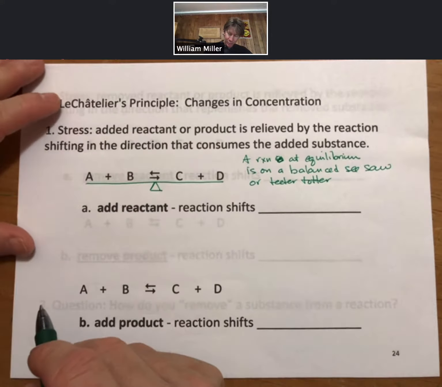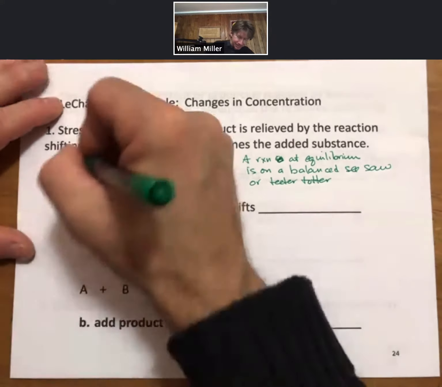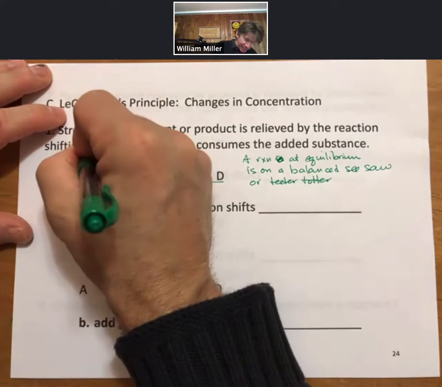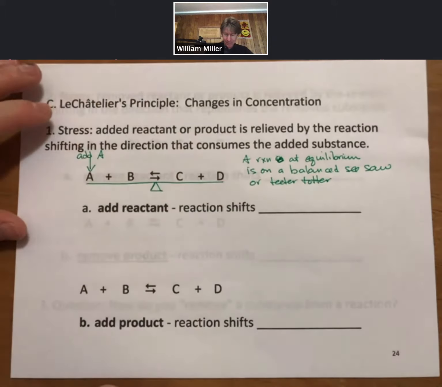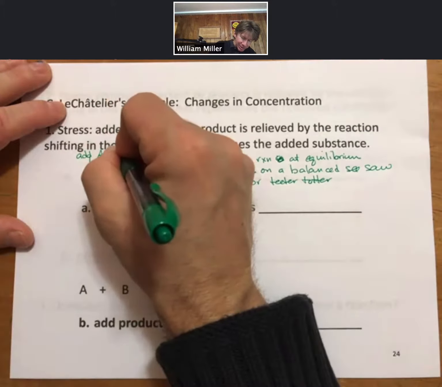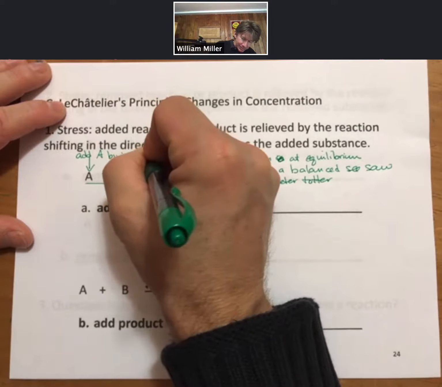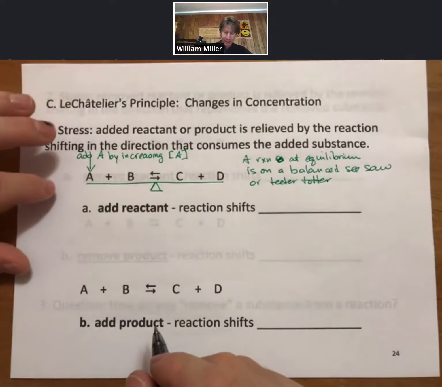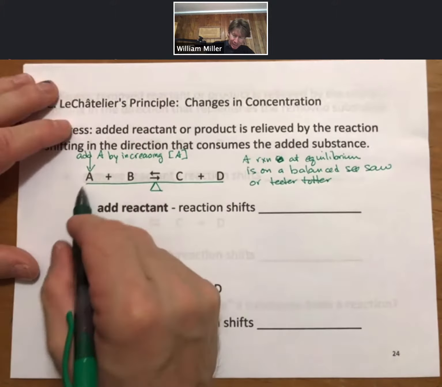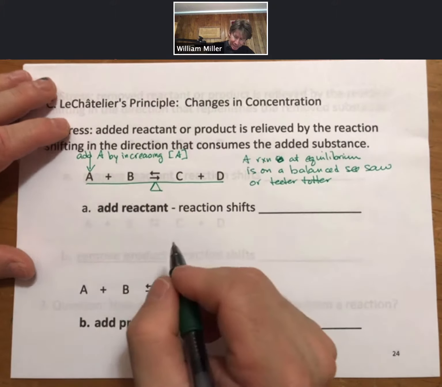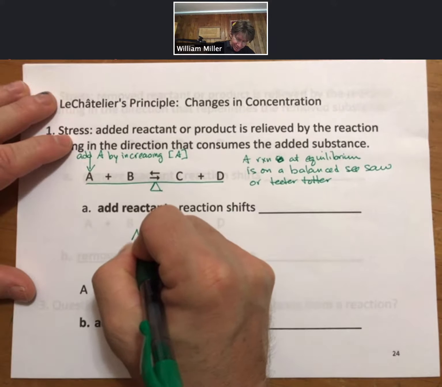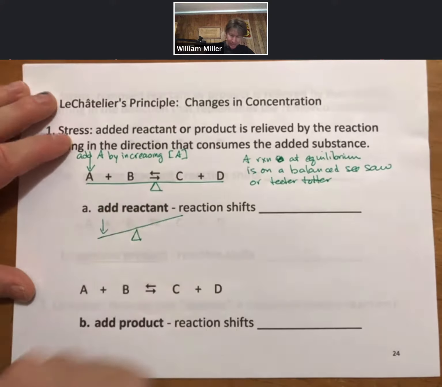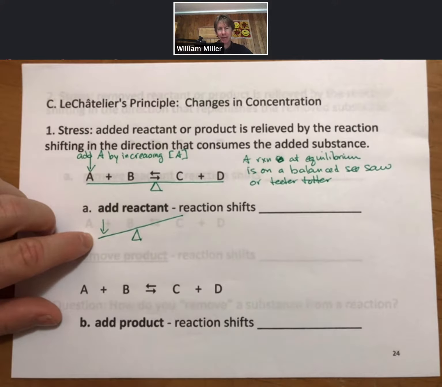And so if we add reactant, let's say we add A by increasing the concentration of A, the concentration of A is now larger. That means that this side will be heavier, and so our picture is that our teeter-totter is imbalanced.